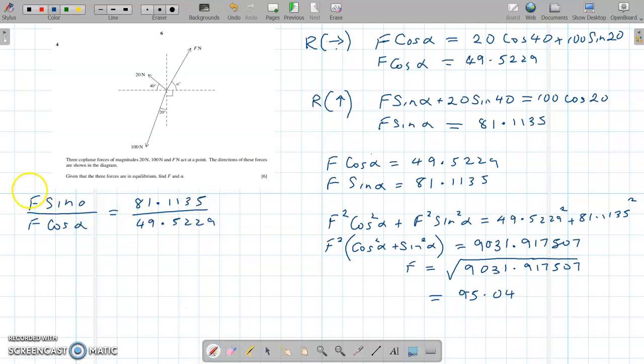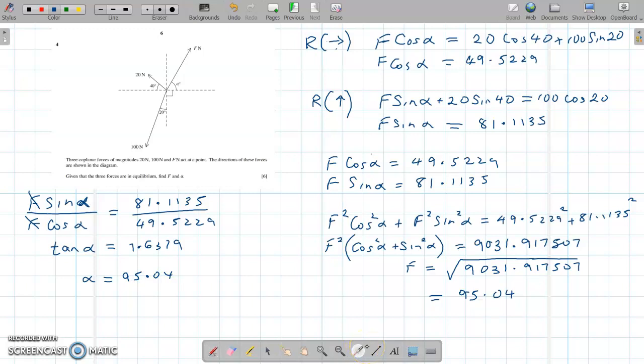And you can see the Fs cancel out, and we're left with sine alpha over cos alpha, which is tan alpha. So tan alpha is 1.6379, so alpha is the inverse tan of 1.6379, which works out to 58.6 degrees.